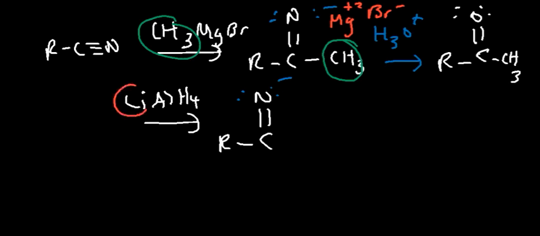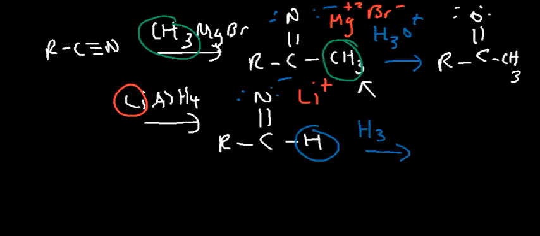So in this case, since we have lithium, which has a plus charge, it's going to be paired with the nitrogen that has a negative charge. But instead of adding the methyl, we're going to add a hydrogen here. That's the R group that we're adding. And then if we add H3O+, this will convert into an aldehyde. So now you know how to make aldehydes and ketones from imines and from nitriles.